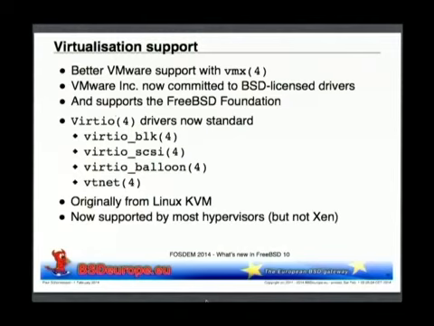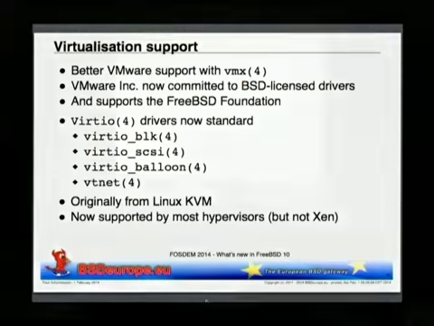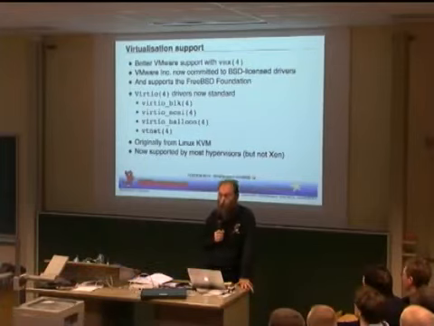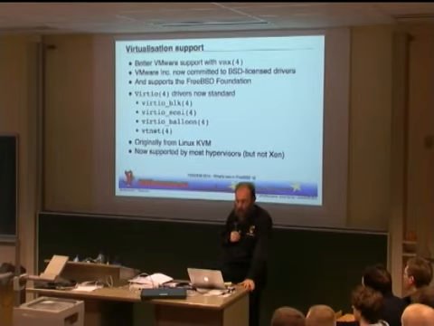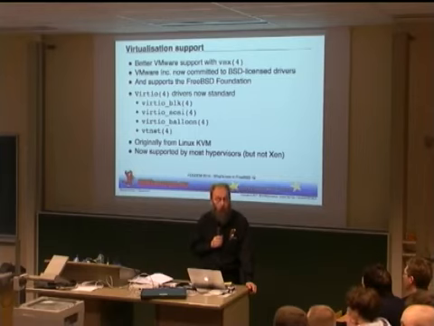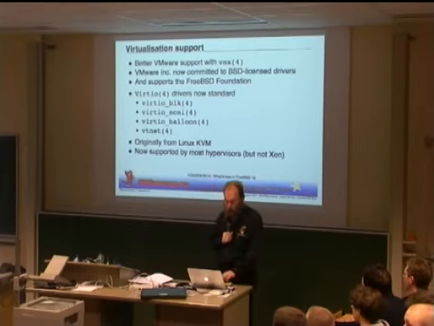And the virtio balloon is a memory controller device which allows multiple virtual machines on one computer to coexist and use more memory than is physically available. The balloon driver lets one virtual machine grow and the other shrink when needed. These drivers were originally developed for Linux KVM, but most of the hypervisors nowadays support them.